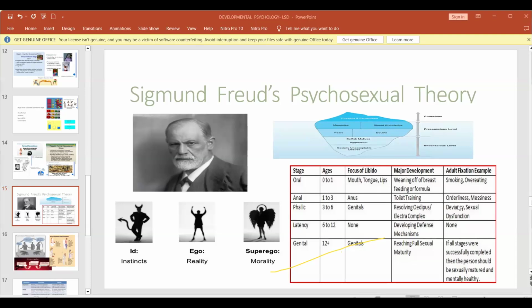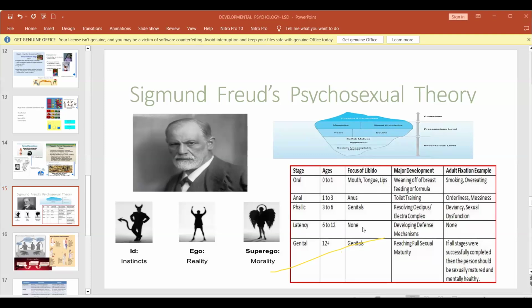But if the fixation has occurred in the previous stages, the child might be obsessed with that stage during the latency. There's no specific body part or erogenic zone that the child seeks stimulation. That is why it's none.